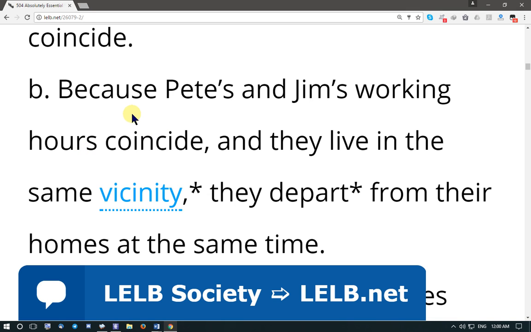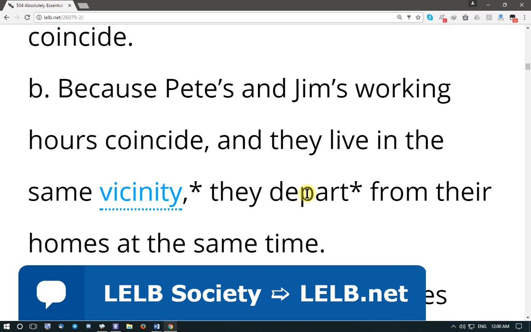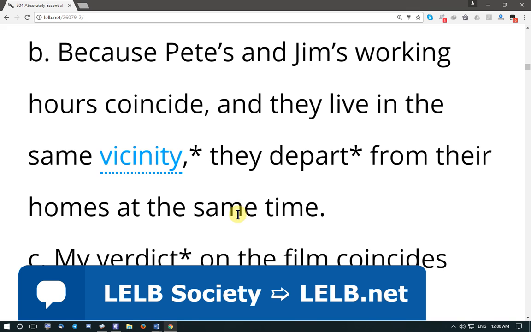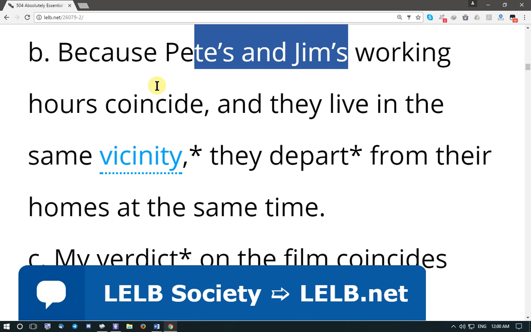Because Pete's and Jim's working hours coincide, and they live in the same vicinity, they depart from their homes at the same time. So it is logical and also mathematical. Pete's and Jim's work hours coincide. For example, they work from 8 a.m. to 4 p.m., exactly the same time schedule.